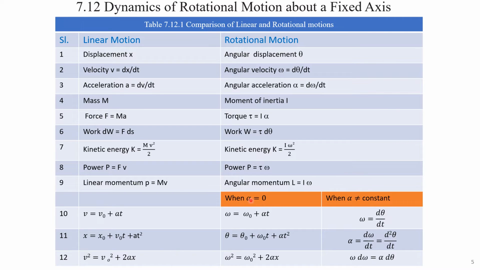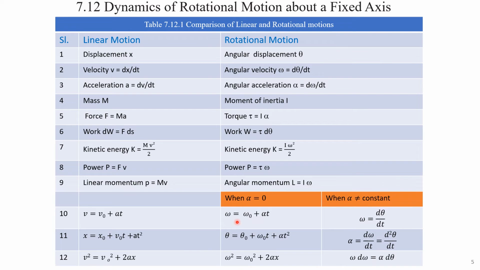Therefore, when acceleration is constant or uniform, omega is equal to omega naught plus alpha t, theta is equal to theta naught plus omega naught t plus half alpha t square, and omega square is equal to omega naught square plus 2 alpha theta. These are similar to the equations of motion in linear motion.